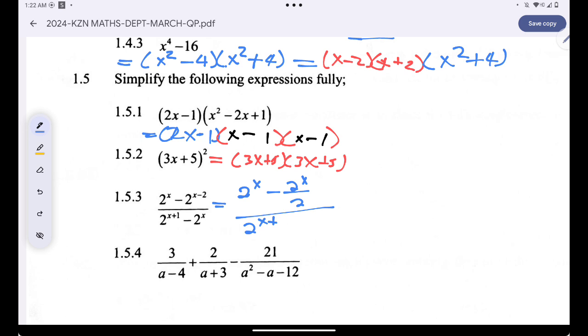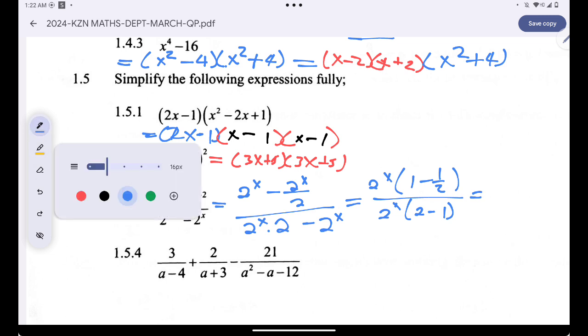No man, 2 to the x plus 1 can be written as 2 to the x multiplied by 2 minus 2 to the x. Are we together? So in here, I can take out a common factor of 2 to the x. I'll be left with 1 minus half all over 2 to the x, 2 minus 1.